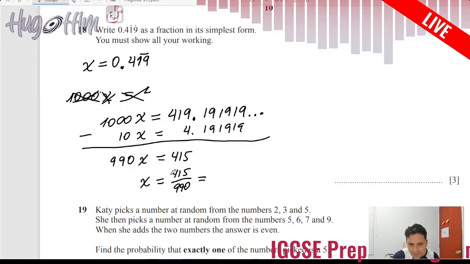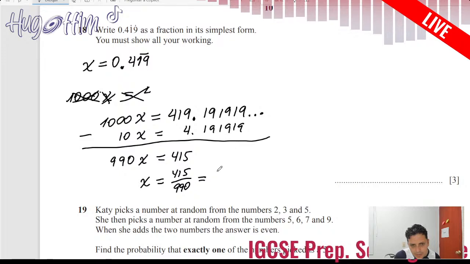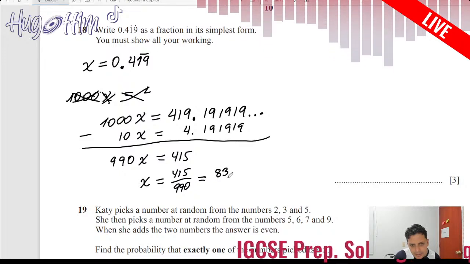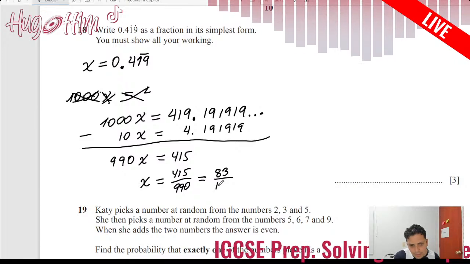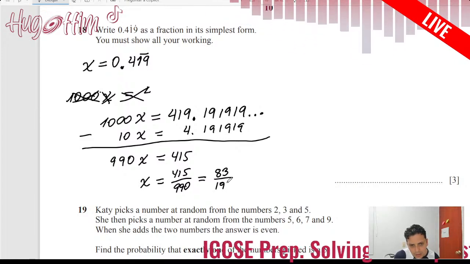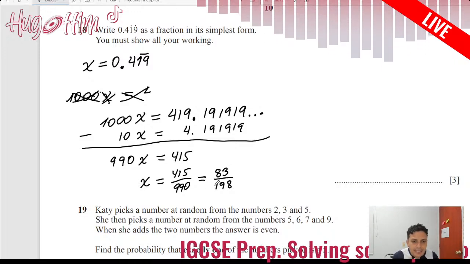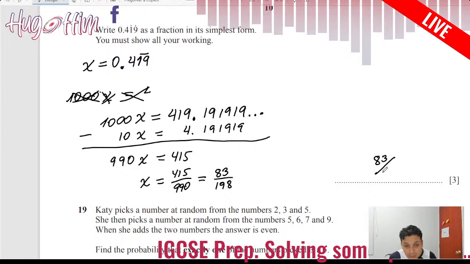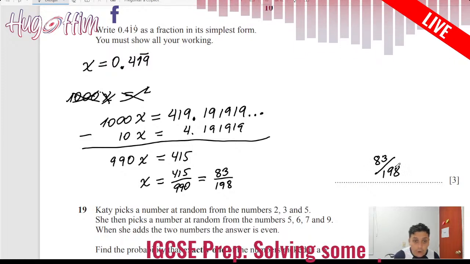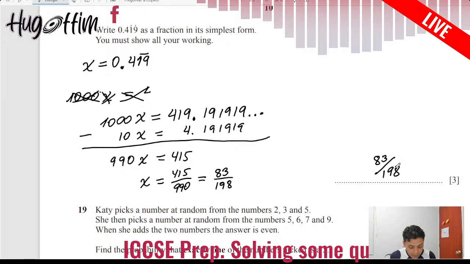It's going to be 83 over 198. I don't think it's possible to simplify more.